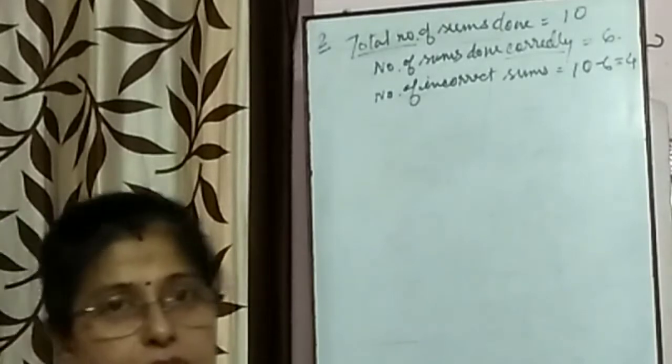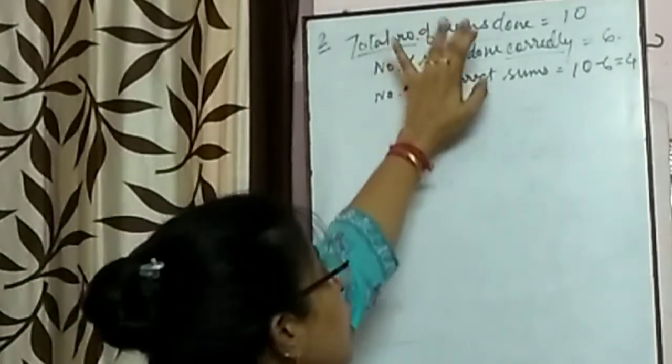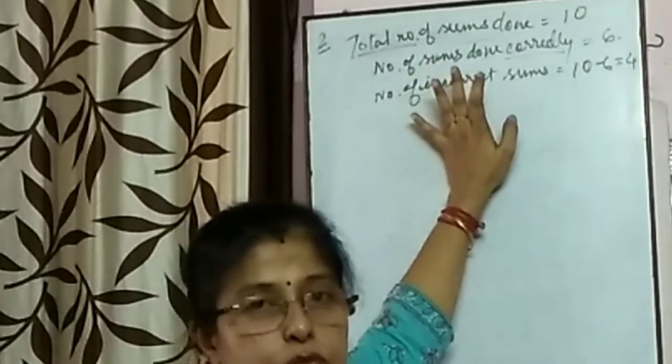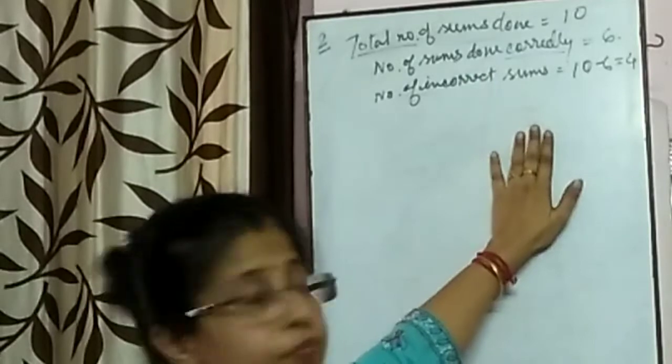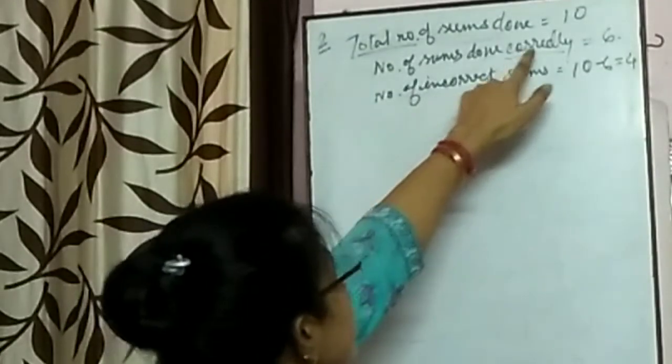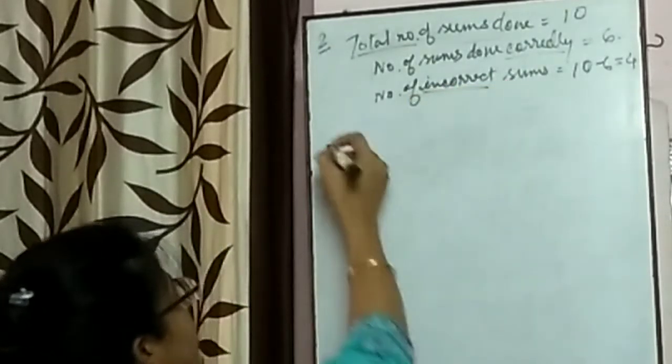So this is the main thing in all the sums, that you always need all the things that are required in the sum for finding the ratio. As we are to find the correct and incorrect ratio, we need the incorrect number.